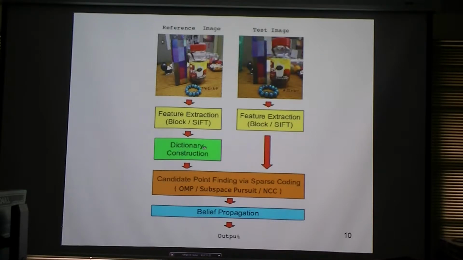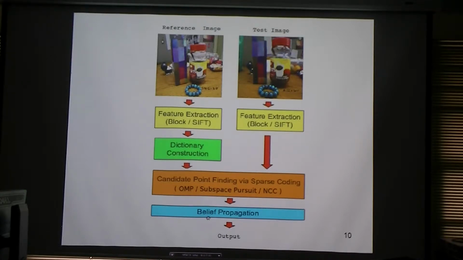In the next step we construct the dictionary from the features extracted from the reference image, and then we try to find the candidate points via sparse coding, using the dictionary and the extracted features from the test image.